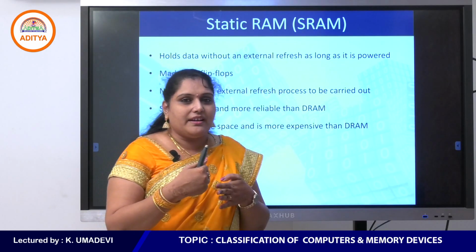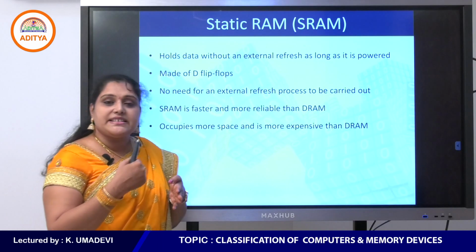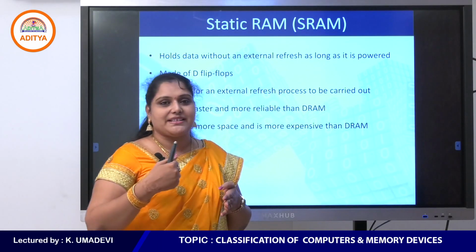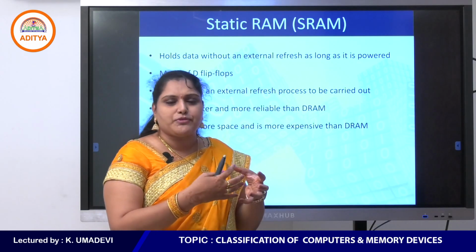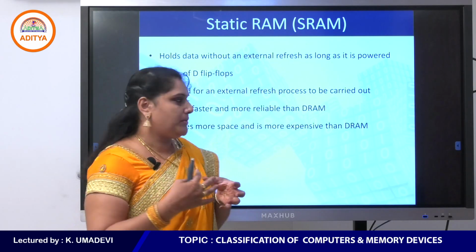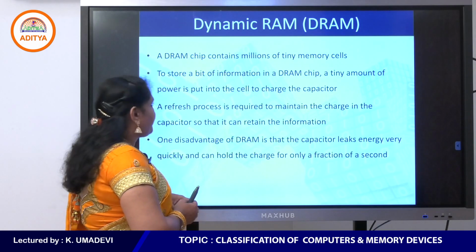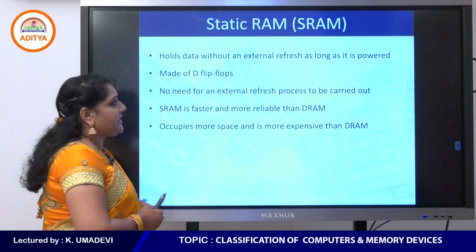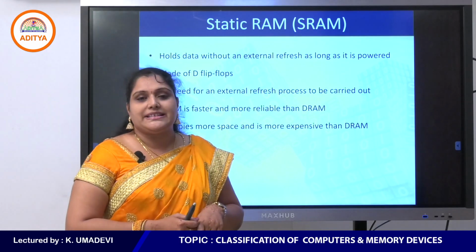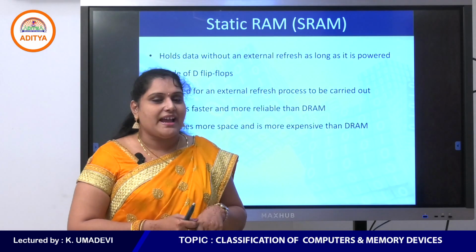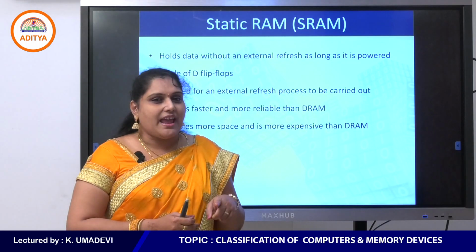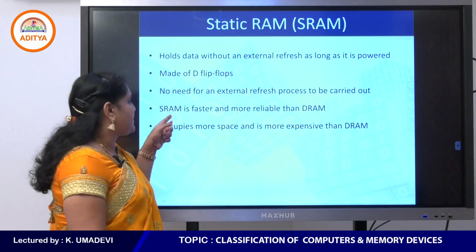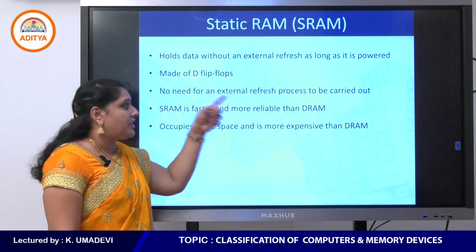Again, RAM has two types: static random access memory and dynamic random access memory. These two types of RAM are available in the CPU. So what is the difference between SRAM and DRAM? Static random access memory is called SRAM, and dynamic random access memory is called DRAM. SRAM is faster than DRAM. Why? Because there is no need for an external refresh process.